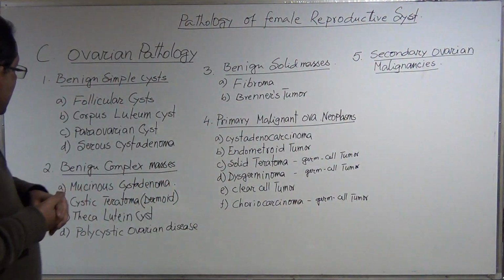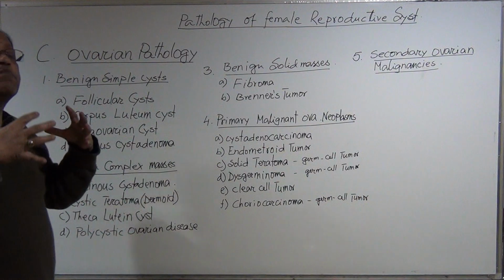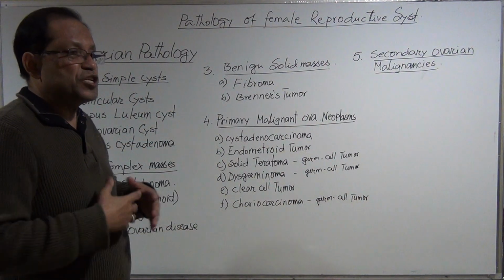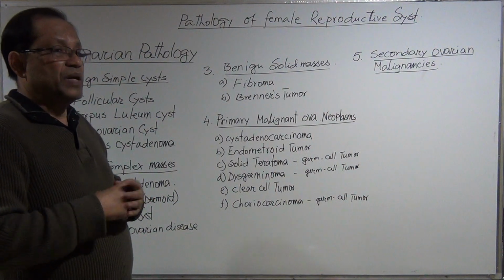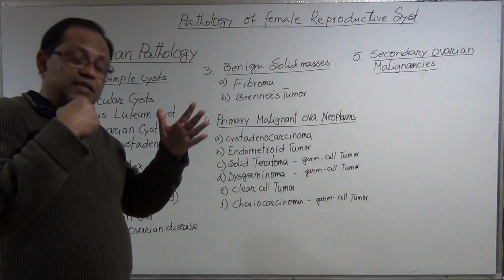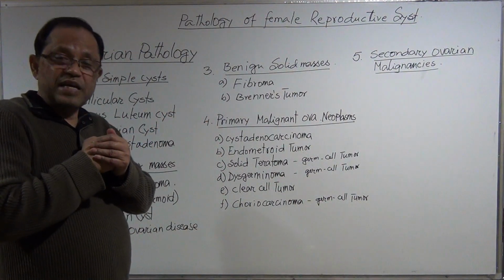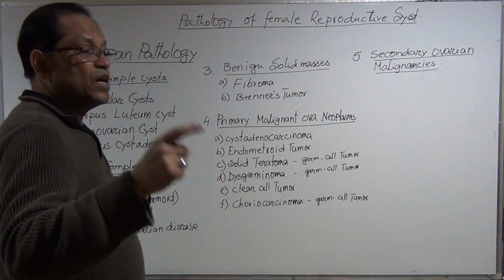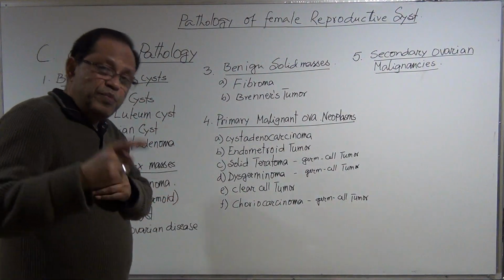And they are creating too much pressure in the pelvic cavity. It will give the pressure pain. But keep that in mind, it's not going to destroy the ovary. It will be attached with the ovary by the wall, but it is not inside the ovary. That's the way you have to be careful.